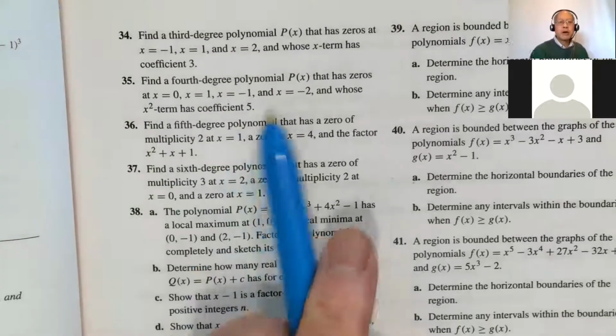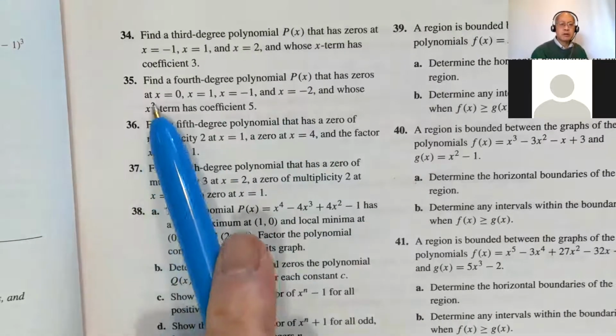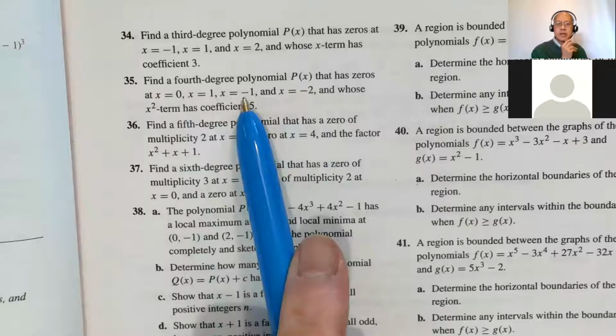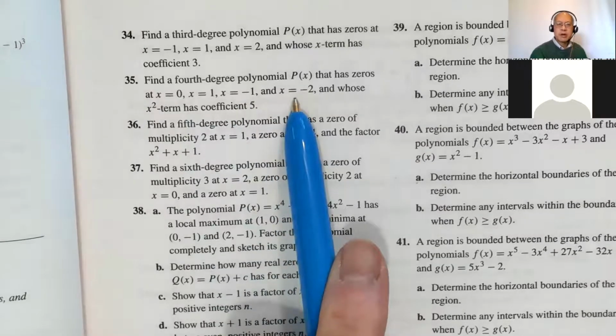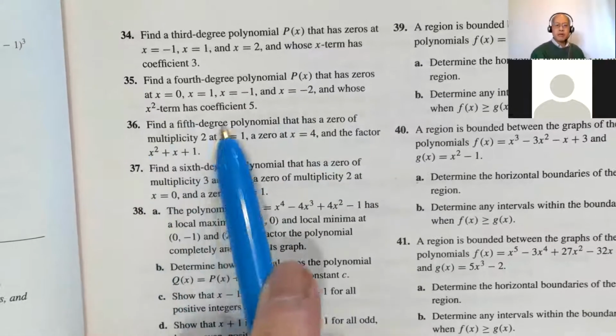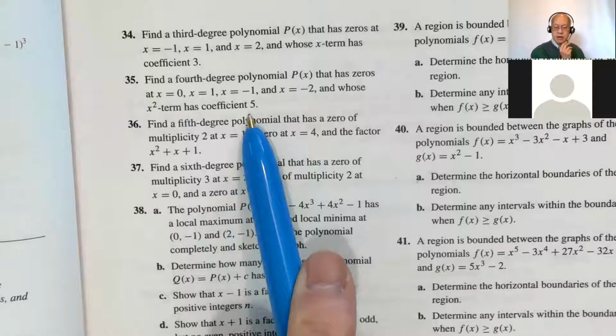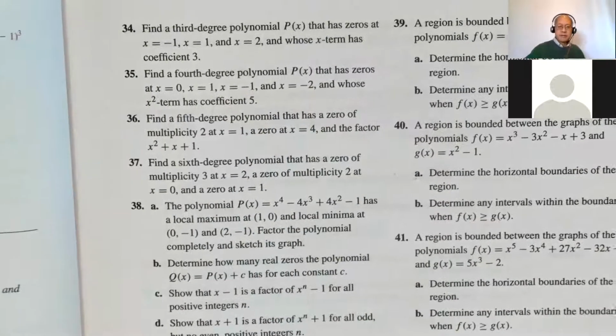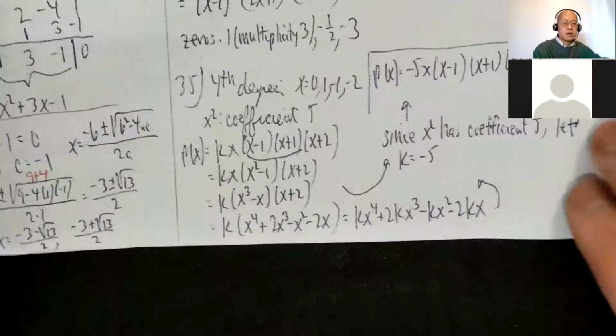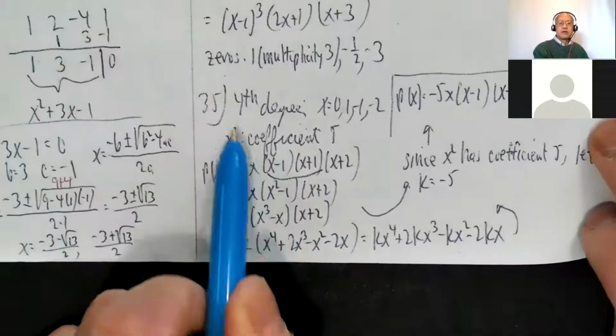Find a 4th degree polynomial that has zeros at x equals 0, x equals 1, x equals negative 1, x equals negative 2, and whose x squared term has coefficient 5. Now, how do I do that? All right. So it's 4th degree.